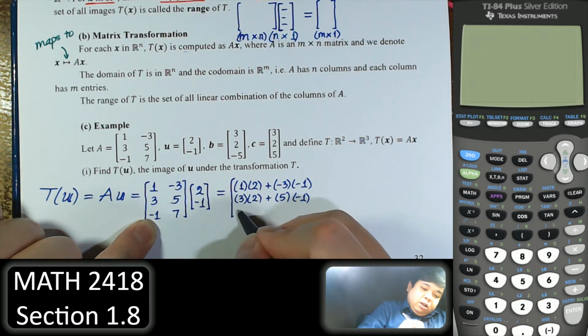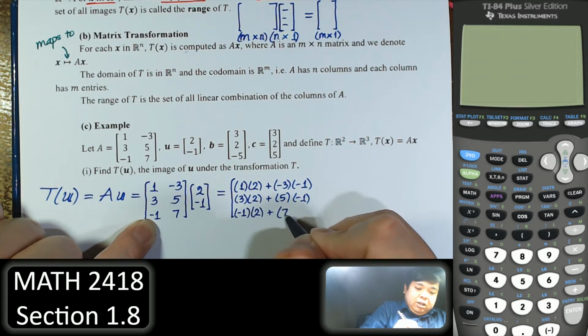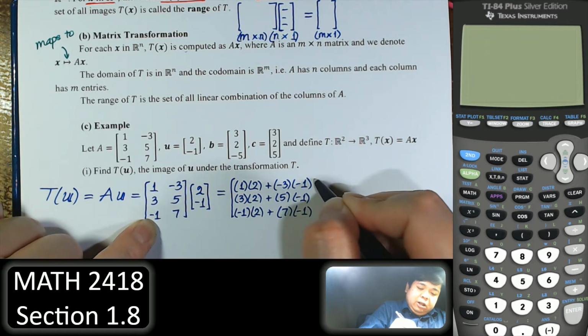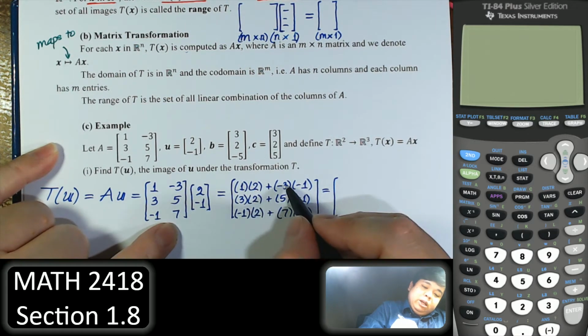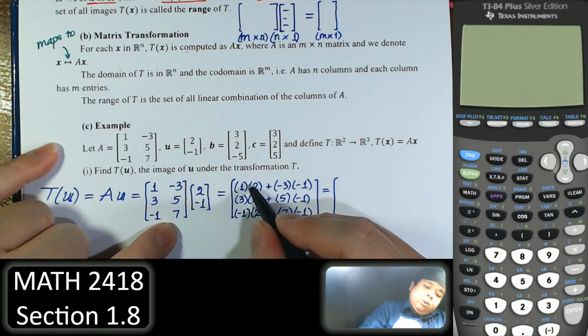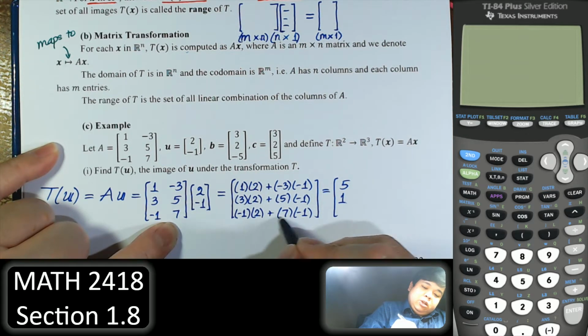Then negative 1 times 2 plus 7 times negative 1. So we have 2 and 3, that's 5. 6 minus 5, that's 1. Negative 2, negative 7, that's negative 9.